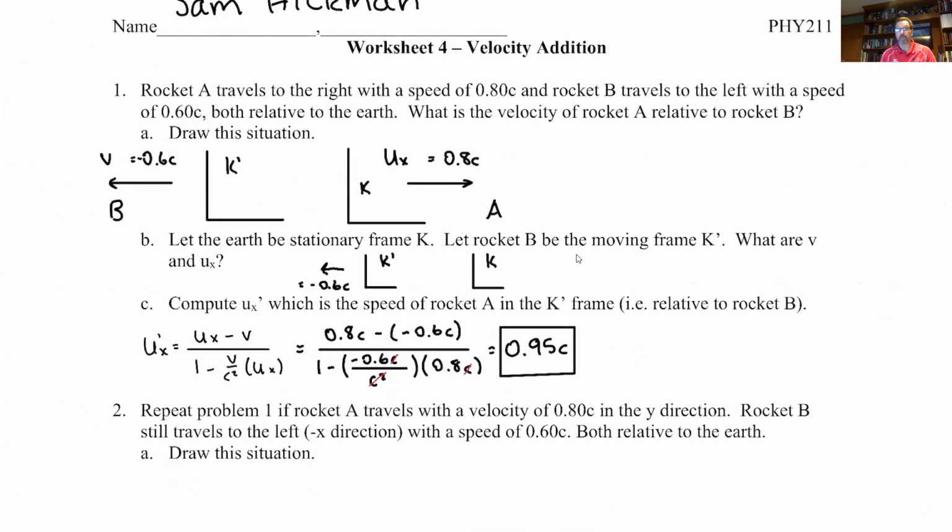And then you have to make sure you've got the correct equation, which is in this case going from a stationary frame where you know rocket A's speed to the moving frame of rocket B where you want to get rocket A's speed. And then once you've got the right equation, then you insert carefully all the pieces that you know, and you get the right answer.